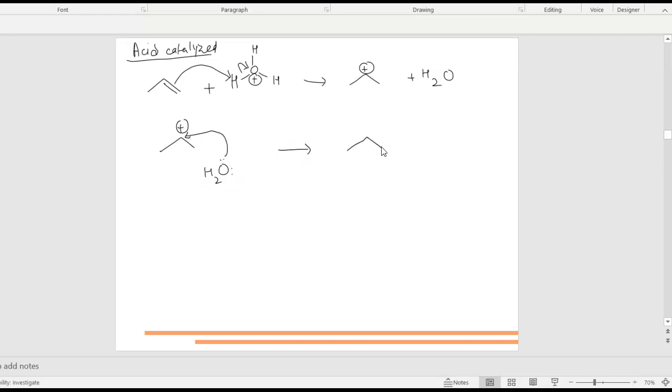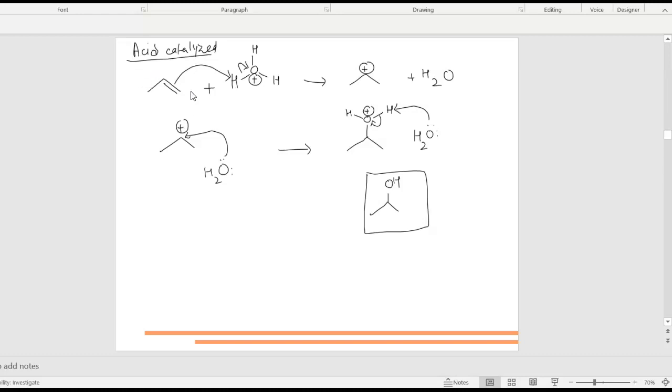You result in a formation of this species, but oxygen has to get a positive charge because it is three bonded, right? So this oxygen goes and attaches itself here. Now in the next step, another water molecule acts as a base, pulls off this proton, puts this electron back over here to give you the product which is your alcohol.